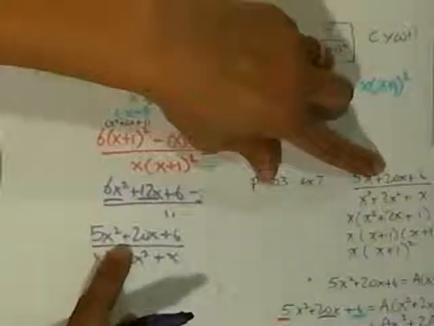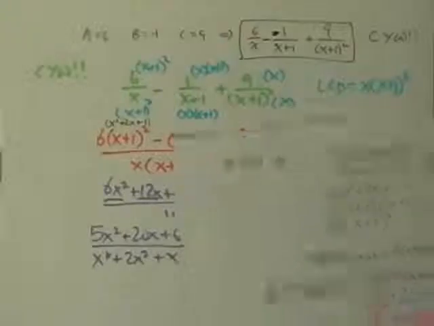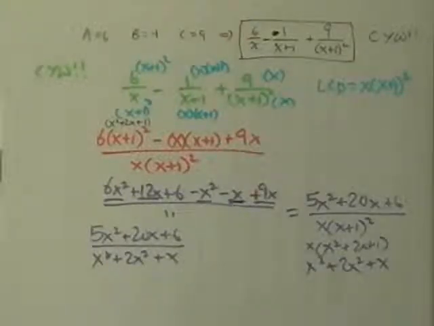Let's look at it. 5x squared plus 20x plus 6 all over x cubed plus 2x squared plus x. It takes a lot of persistence, a little bit of work, lots of algebraic manipulations, but if you work at it, go slow, you should be able to get it right. Oh, we checked it because it worked out great. Good luck, study hard, have fun.